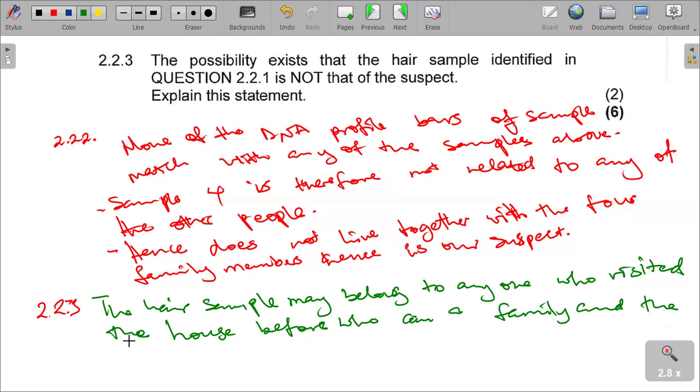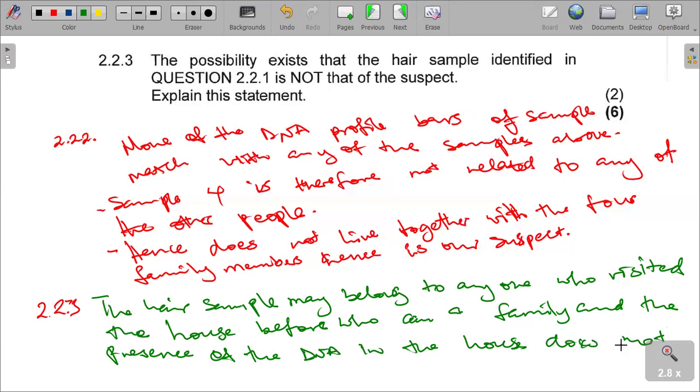And again in this case, the presence of the DNA sample in the house does not prove that the person is a criminal.